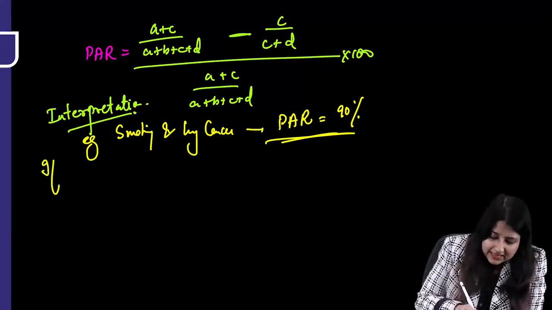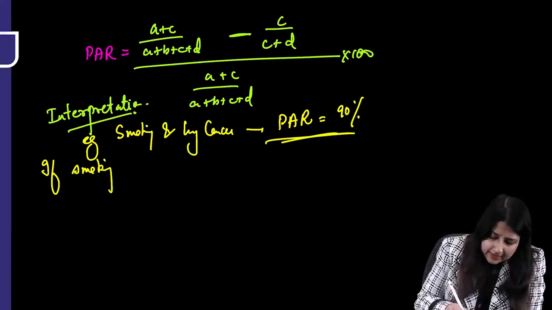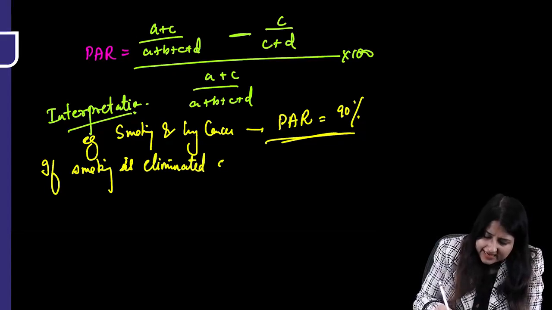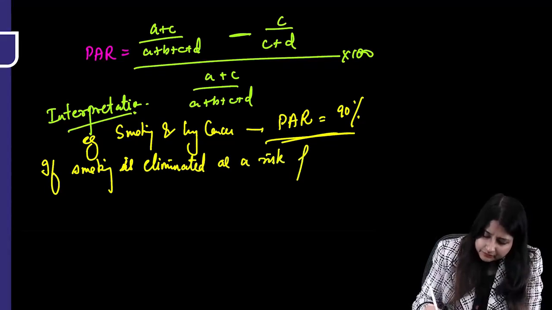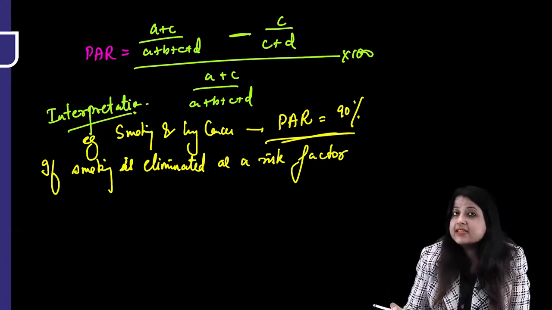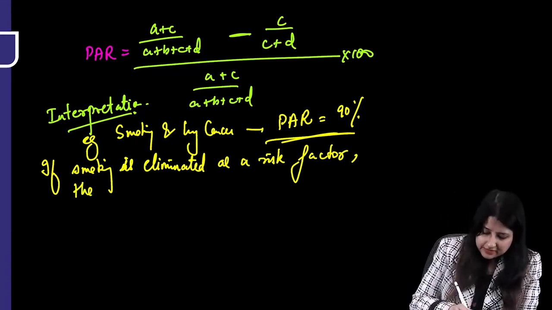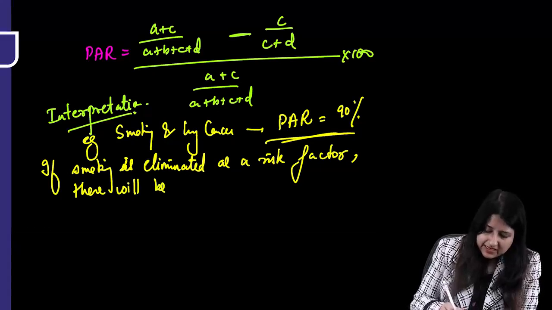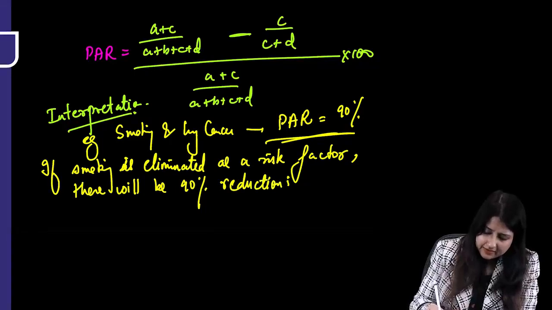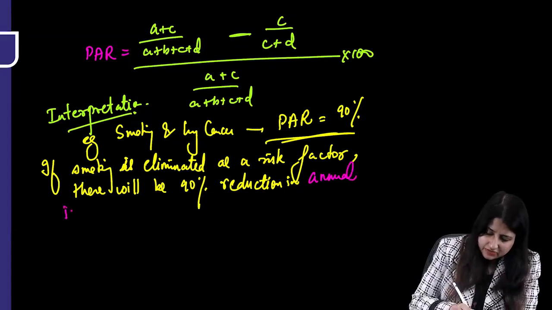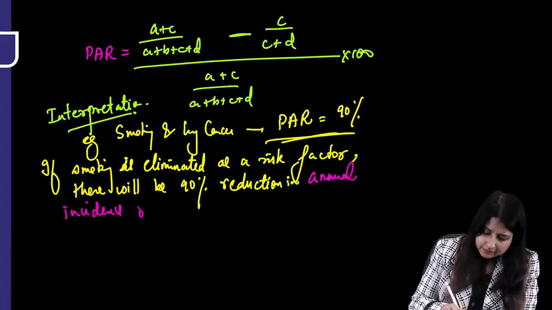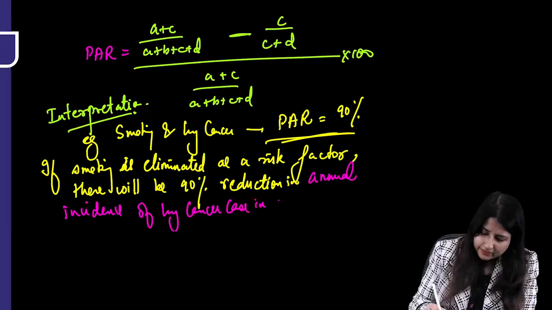It simply means that if smoking is eliminated as a risk factor, there will be a 90% reduction in, look at the second part, annual incidence of lung cancer cases in the population.